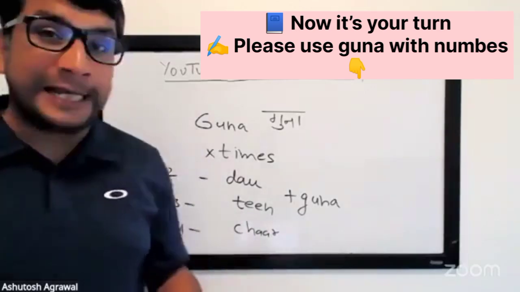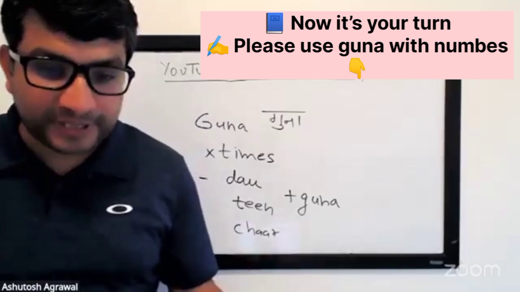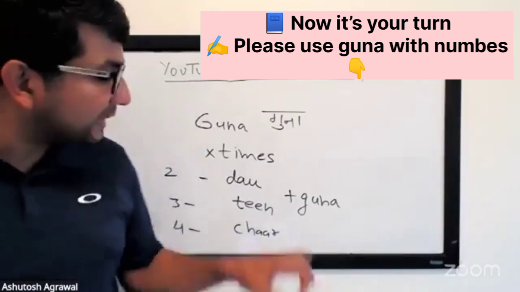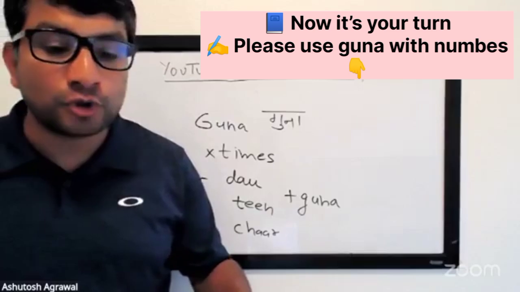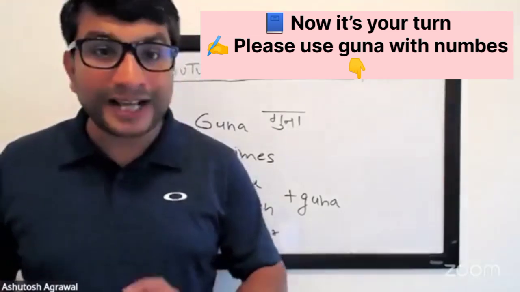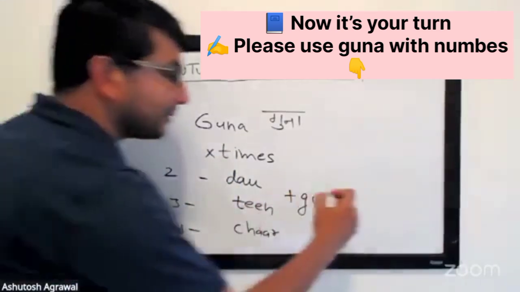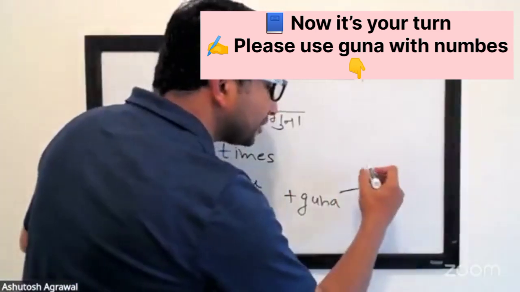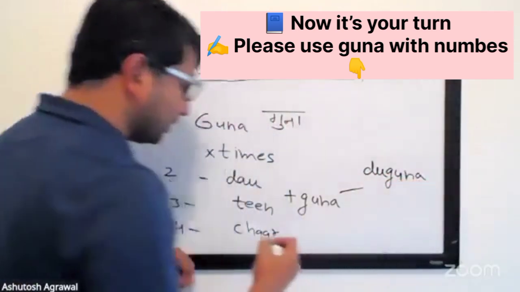Because these are numbers below 8, there are different ways to say them as well. Because they are used so frequently, rather than two different words, do Guna becomes Duguna, which is the same as do Guna. You will hear two terms: you can say Duguna or do Guna.